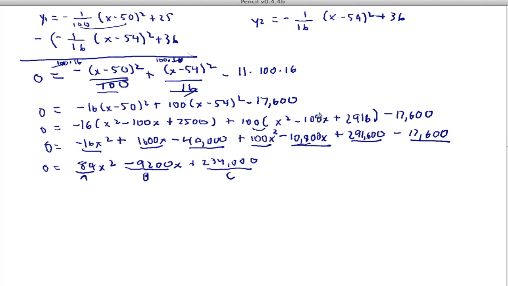Okay, just in case you forgot, the formula is negative b plus or minus the square root of b squared minus 4ac, over 2a. And I'm going to substitute my a, b, and c values.